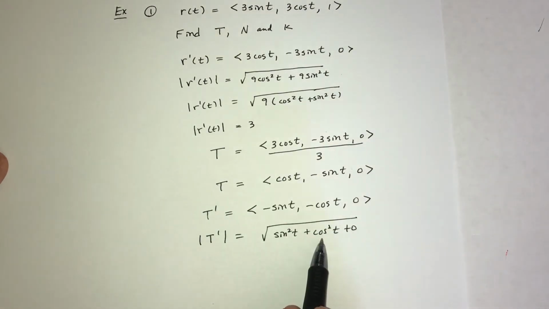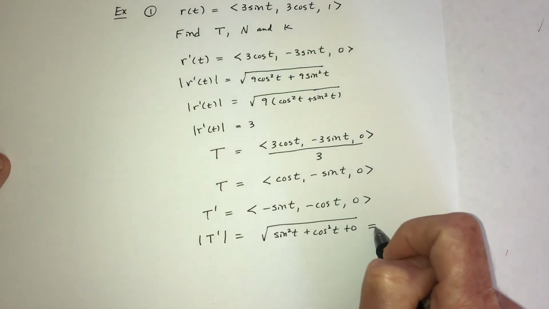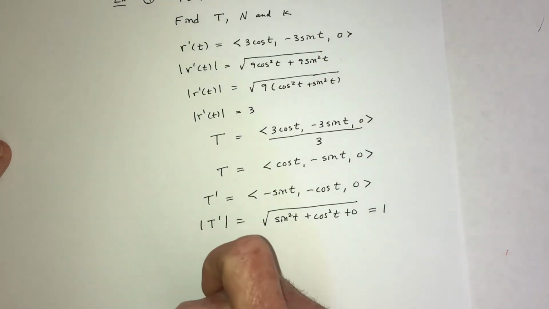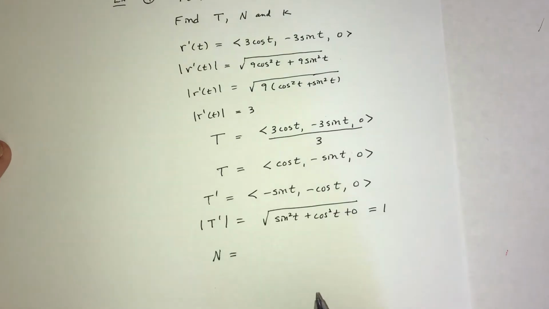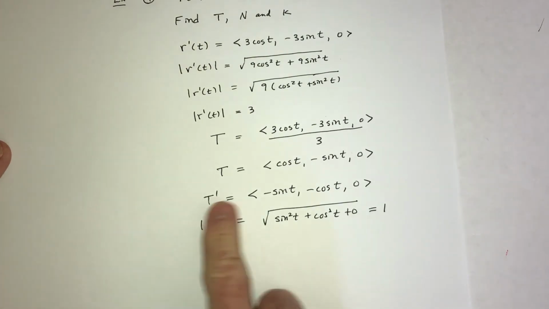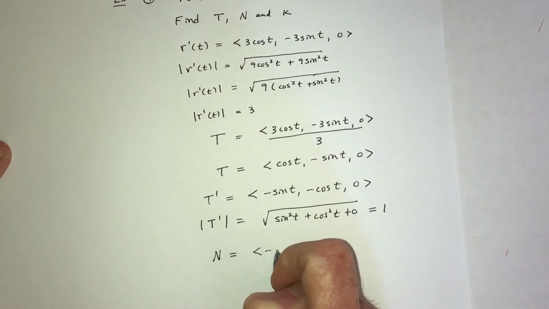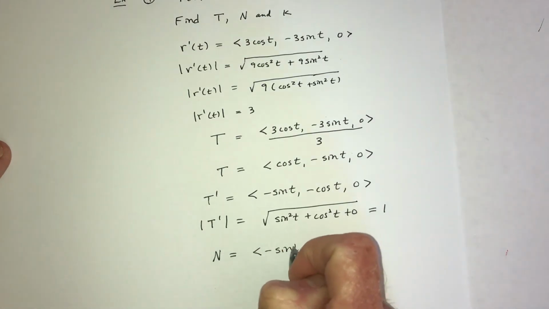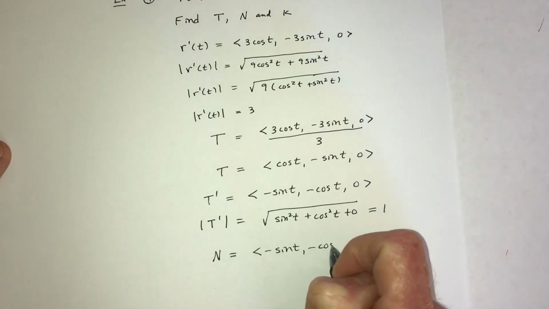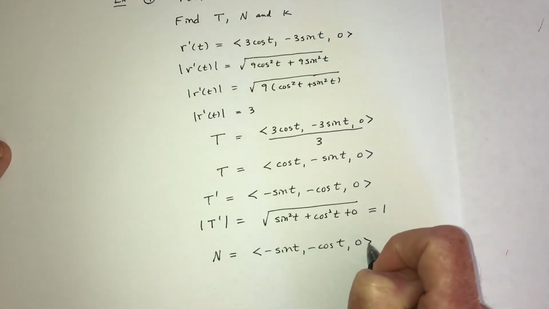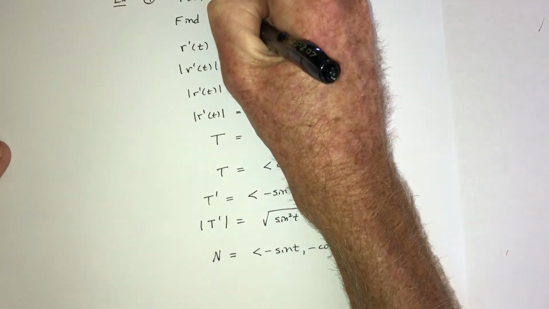And since sine squared plus cosine squared equals 1, this equals 1. So that means that the unit normal vector would be this derivative divided by this length, which means that it's just negative sine of t, negative cosine of t, comma 0. All right, we're done with this.